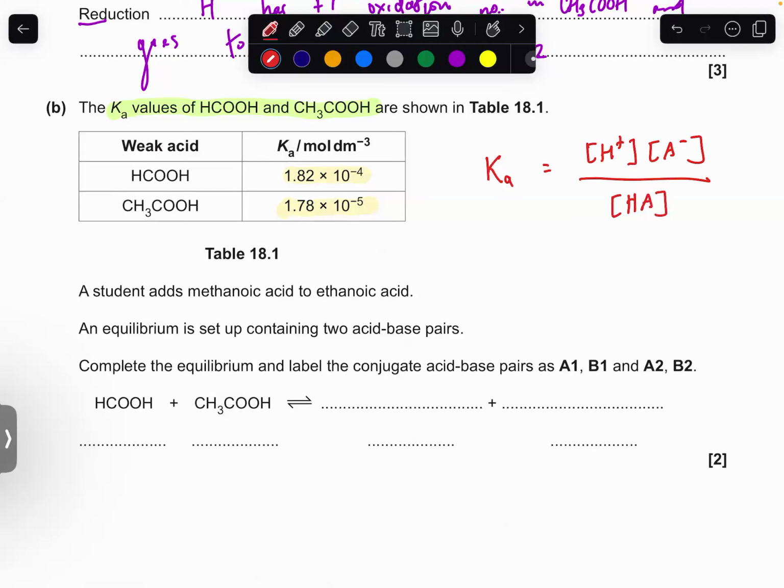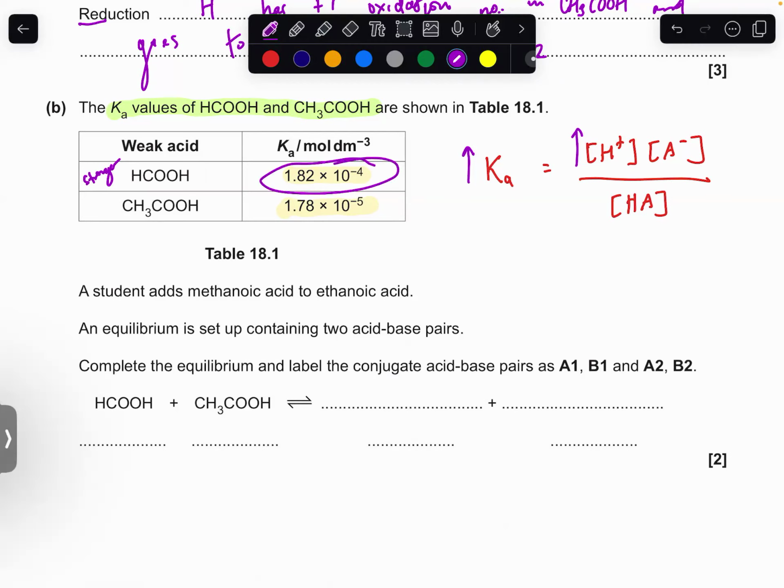Now the thing is, the greater the concentration, the more it dissociates, the greater the Ka value will be. So in this case, what's going to happen? This is the stronger of the 2 weak acids. Why? Because its Ka value is greater.